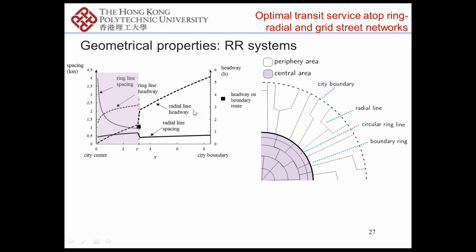The radial line headway suddenly increases, and the radial line spacing suddenly decreases. That means at the boundary of the central area, these radial lines bifurcate immediately. This bifurcation is to compensate for the absence of the ring lines.